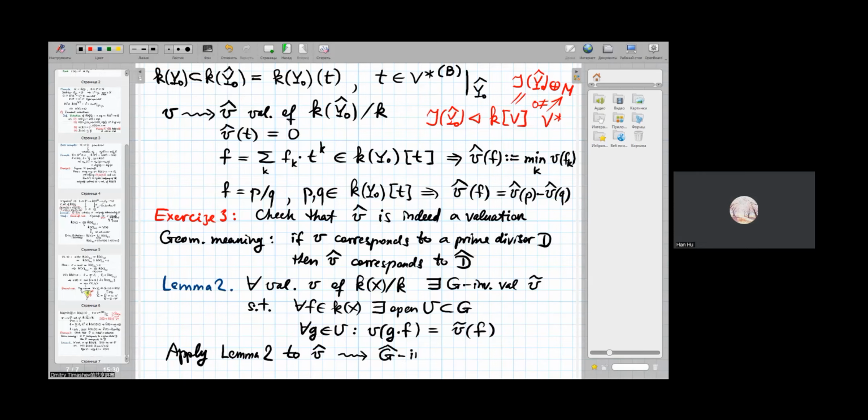So we get a G hat invariant valuation, say V tilde again, of the function field of Y naught hat, this conical orbit, over constants, such that the restriction of V tilde to the field of functions on Y naught coincides with V. So V tilde equals V on K(Y naught).